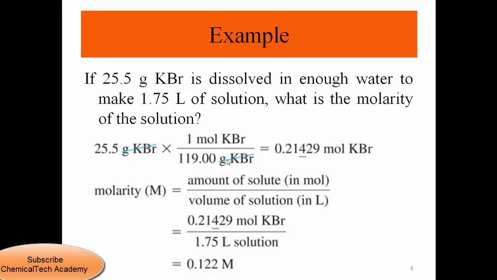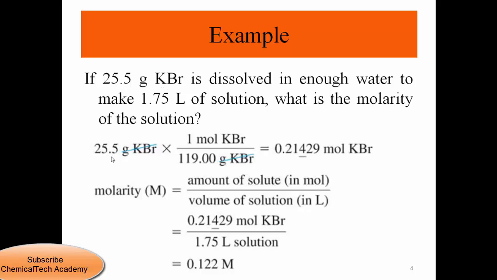If 25.5 grams KBr is dissolved in enough water to make 1.75 liters of solution, what is the molarity of the solution? Molarity is the amount of solute in terms of moles divided by volume of solution. Here the volume of solution is given, and we have the amount of solute in grams.